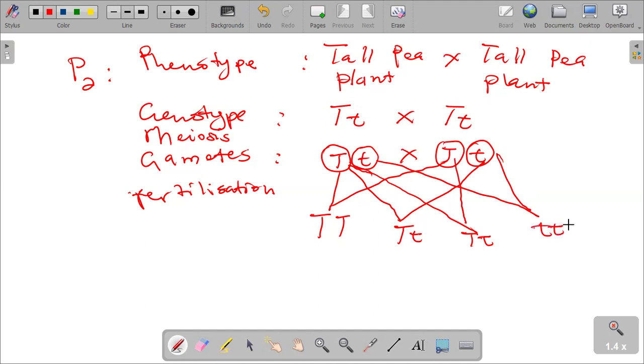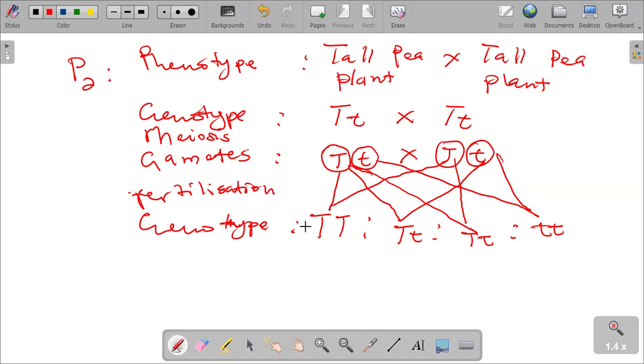So what we have are the outcomes that are produced when gametes of the F2 generation are crossed together. At the same time, we are still saying this is the genotype.